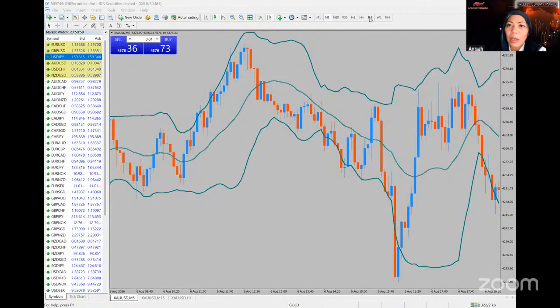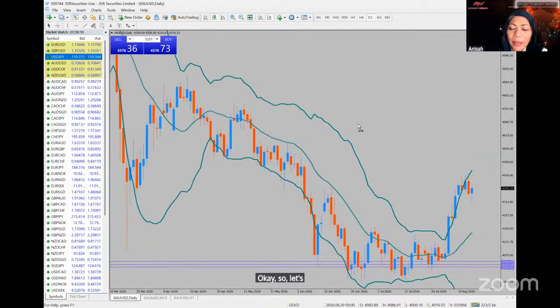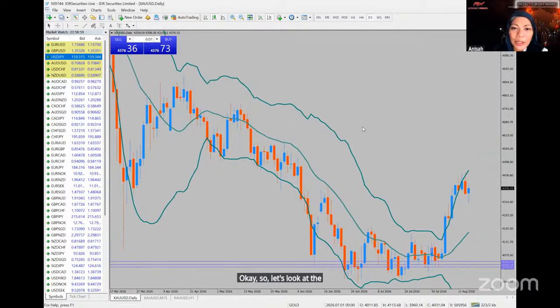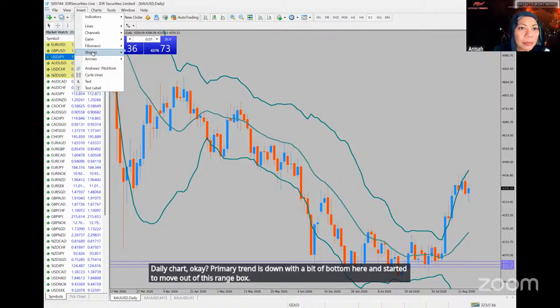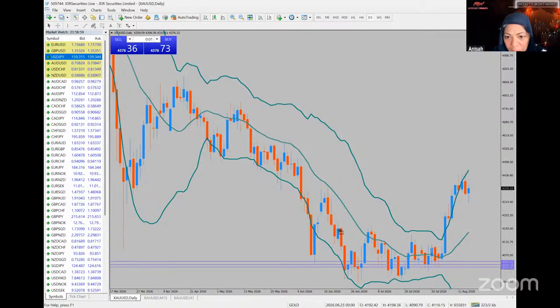Let's look at the daily chart. Primary trend is down, with a bit of a bottom here, and it started to move out of this range box. It has moved out and now is turning back.